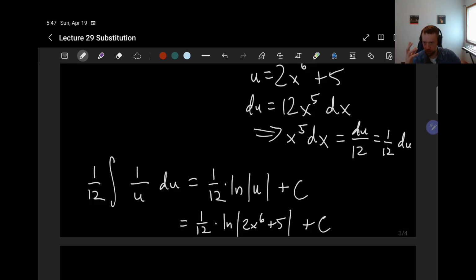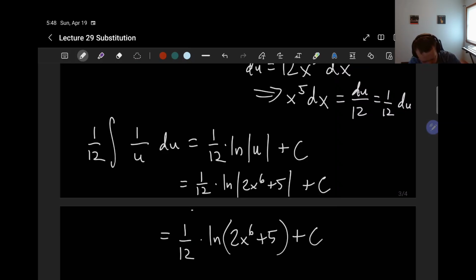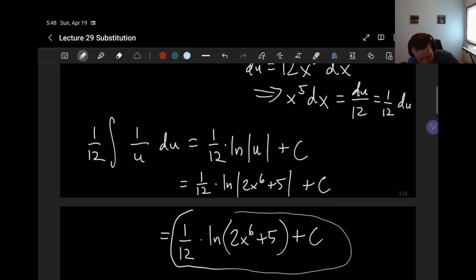So the absolute value bars are actually doing nothing here, because what's inside is always going to be positive anyway. So I'm just going to get rid of those absolute value bars, because they weren't really making a difference in this case. But you would have to take that on a case-by-case basis.